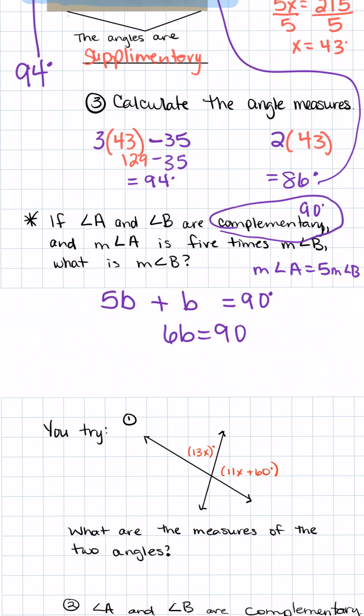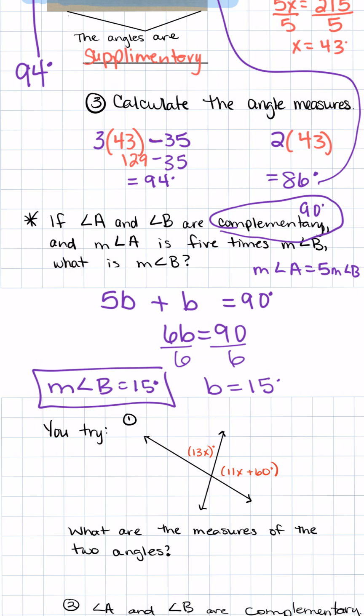And then if you take 90 and divide it by 6, you get 15. So B equals 15 degrees. So angle B equals 15 degrees. Then we'll want to write it as the measurement of angle B equals 15 degrees. Okay?